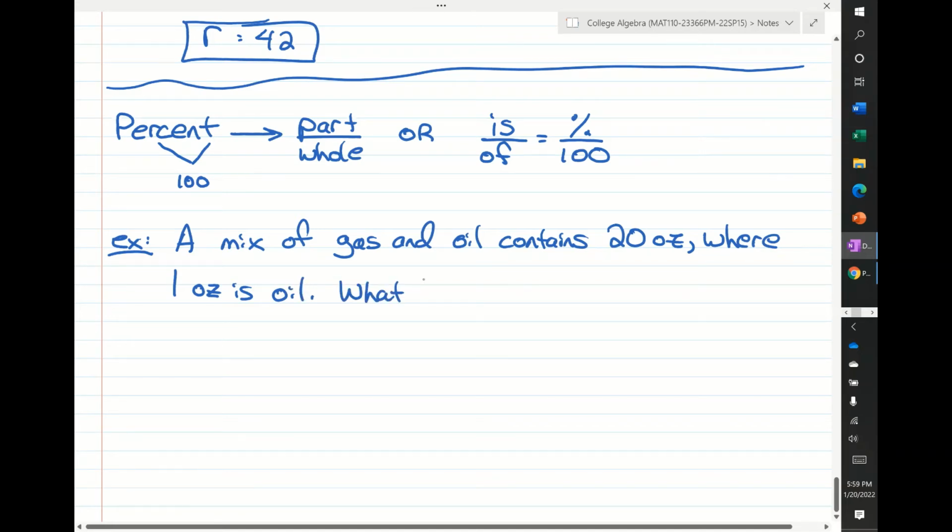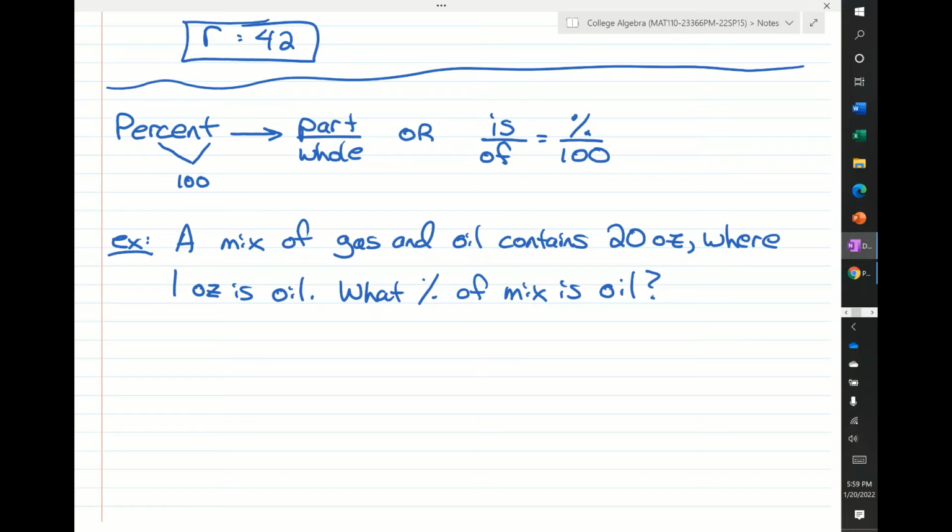What percent of the mixture is oil? So you have a bunch of fluid, it's in a container, 20 ounces. Of those 20 ounces, 1 ounce is oil. What percent of the whole thing is oil? 1 ounce out of 20.